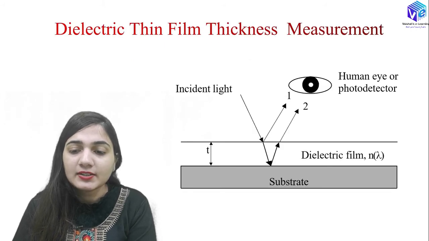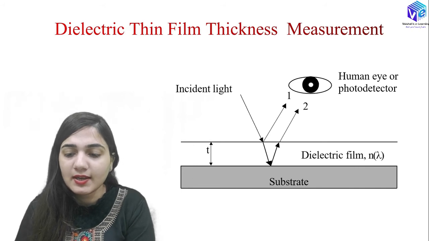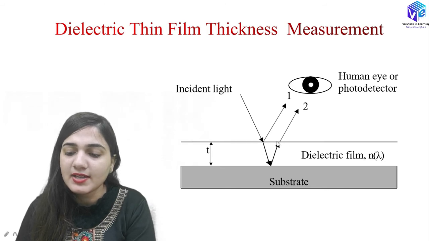So the dielectric thin film measurement can be done with the help of reflection. You can see here I have the incident light. This is point 1 where I am getting the reflected light, and this light may also go inside, and again from the substrate it can get reflected back, and from this reflection again we get the interface, and again it will be refracted.